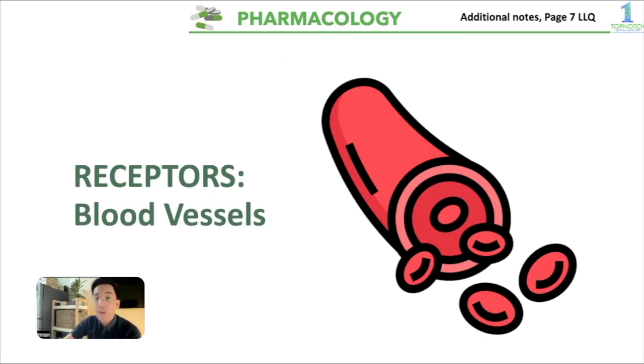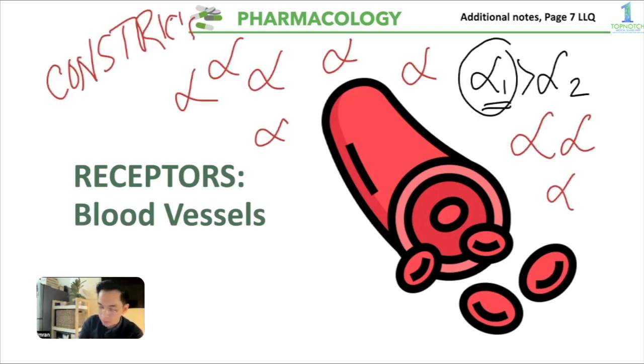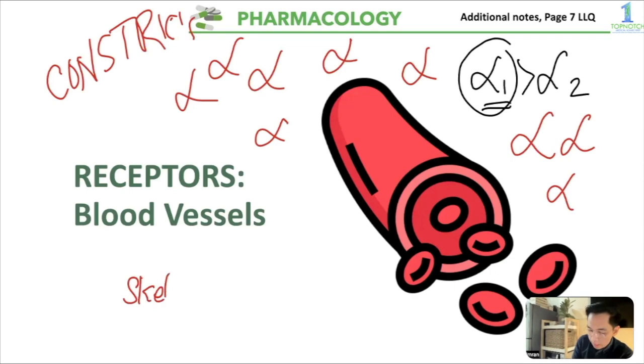Pero, meron din tayong mga vessels na papunta sa skeletal muscles, no? Kung kanina, smooth muscles papunta dun sa skin and splanchnic area, ito naman blood vessels papunta sa skeletal muscles.